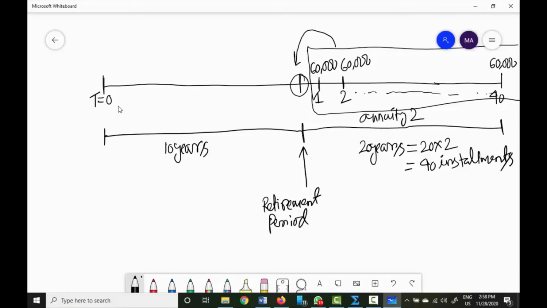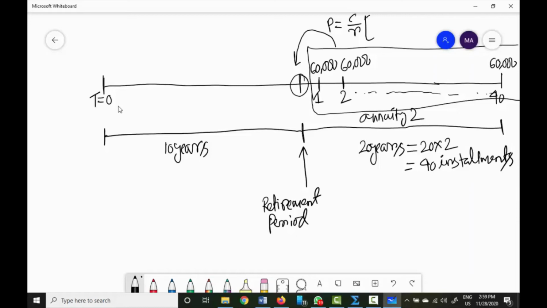Since we want to go one period behind, we need to find the present value of the annuity. So we will apply the present value of annuity formula to find out how much you should have in the bank account at the previous period.